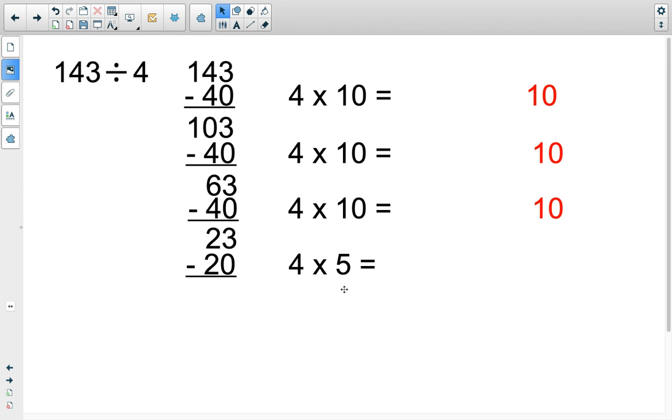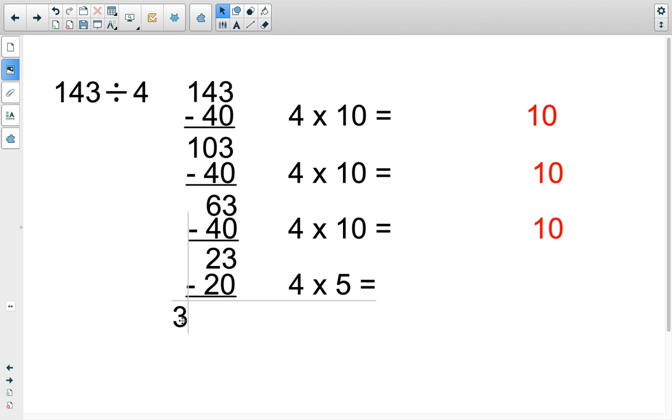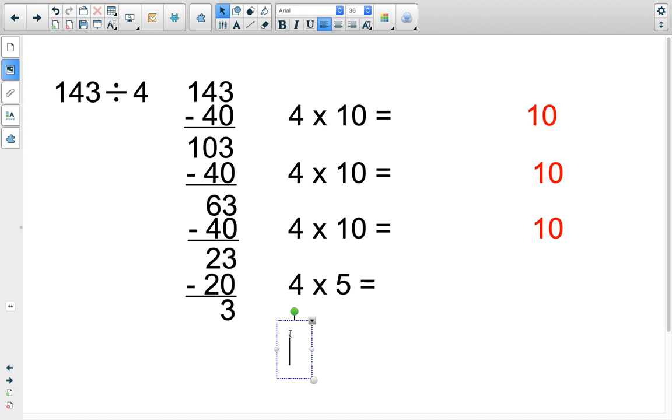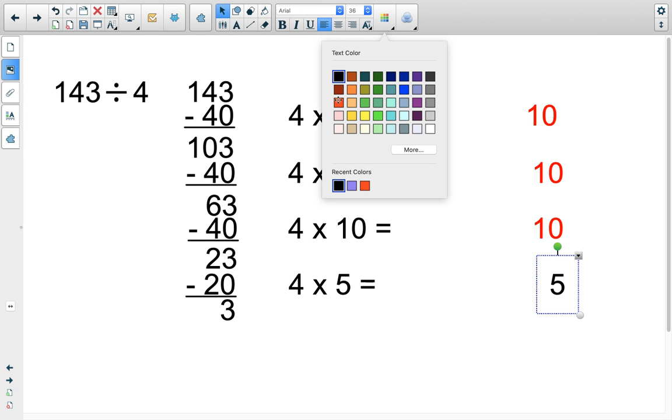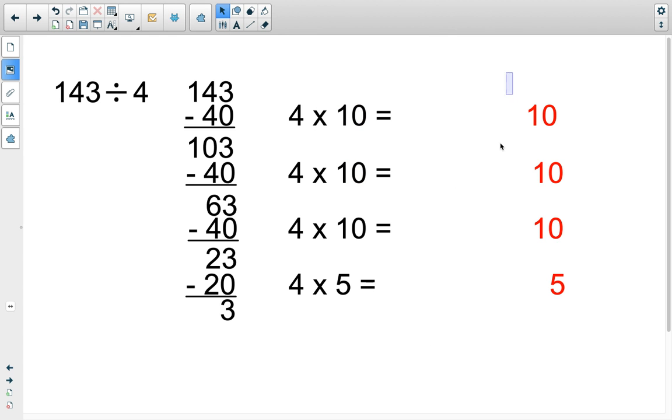So now I can subtract it, and I get a lovely answer of 3. 4 doesn't go into 3, so I know that is my remainder. That's my leftovers. But 4 times 5 is 20, which means I'm going to take this 5 and move it over here with my 10s. And now all I have to do is add these up, and that's going to be my answer, right?